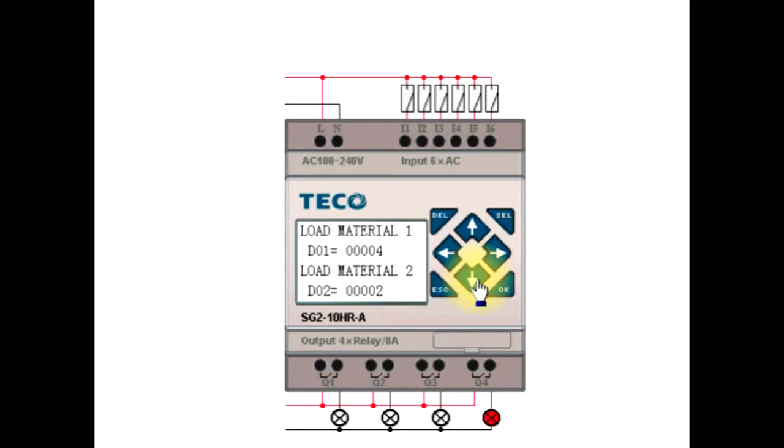If you want to actually change something, you just hit select, move the cursor over to the digit, which is currently 4 seconds for material 1. You can hit select again, which underlines it. Then we can change it to whatever digit we want. Hit OK to confirm it, and then select or escape to get out of the change mode, and you're back to the main screen, and we can go down to the next screen.